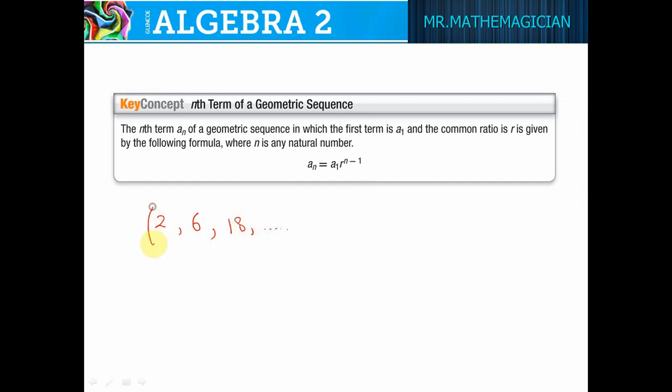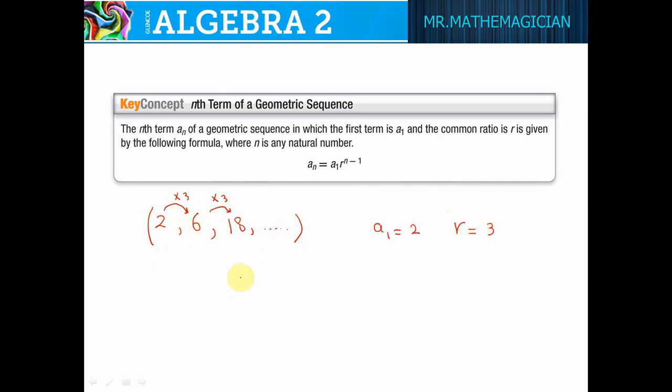In this case, the first term is 2, so we say a1 equals 2. And the number we are multiplying by is 3. So the common ratio r is 3.